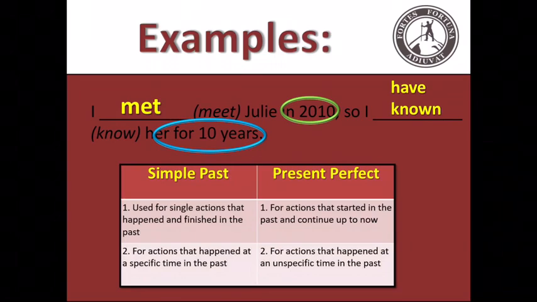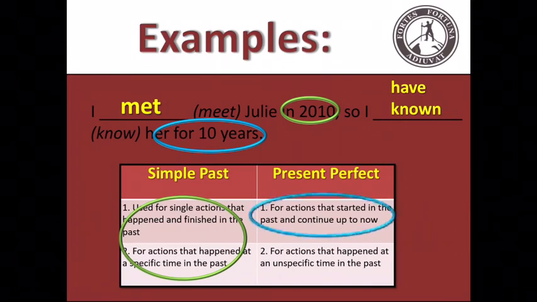So in the first part, we have our simple past with the specific time of 2010. And in the second part, we have an action that started in the past and has continued up till now. In this example, we still know Julie, so it's an action that has continued up until now.